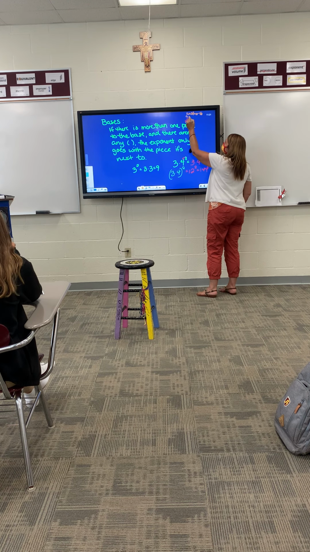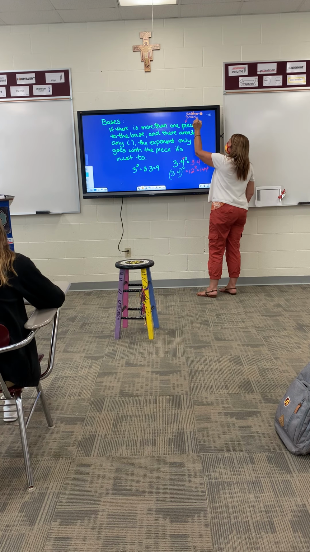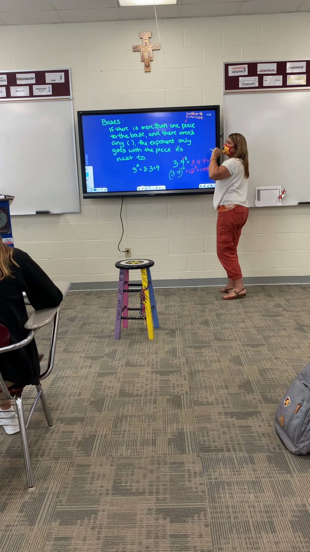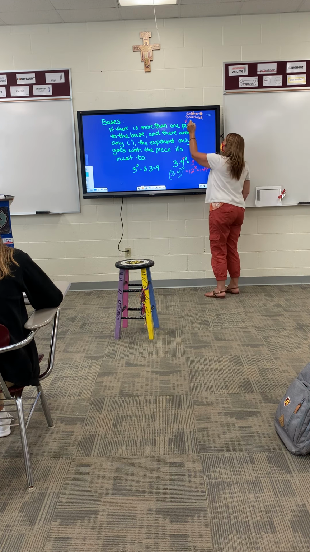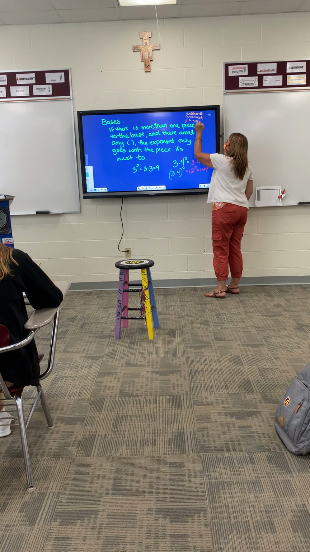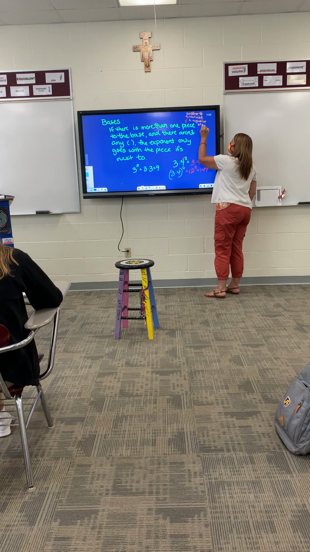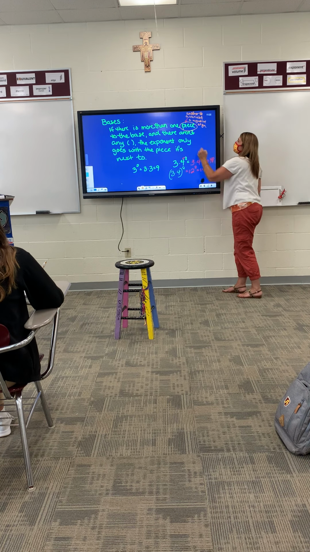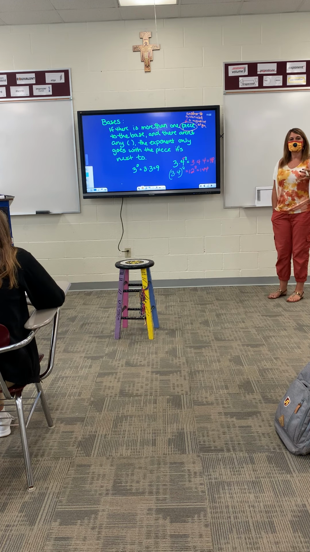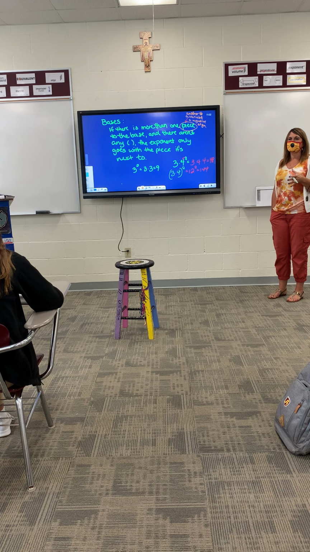It could be a variable, or what we're gonna do next, sometimes it's the most confusing, it could be a negative sign. Okay, all of those are like something extra to the base that we have to be careful of.